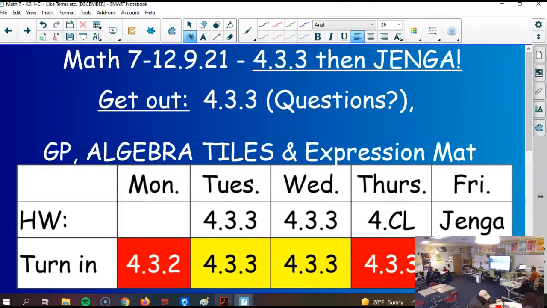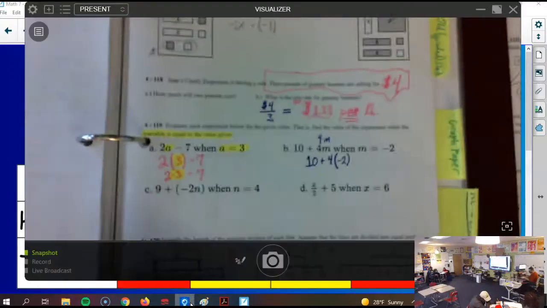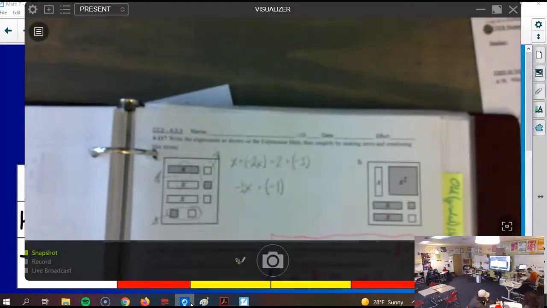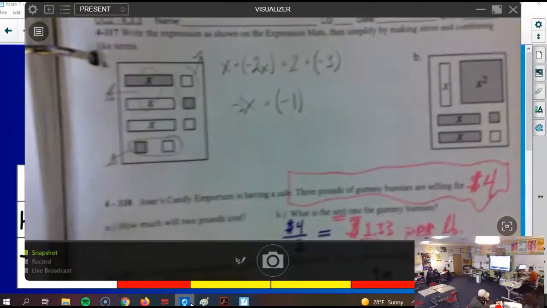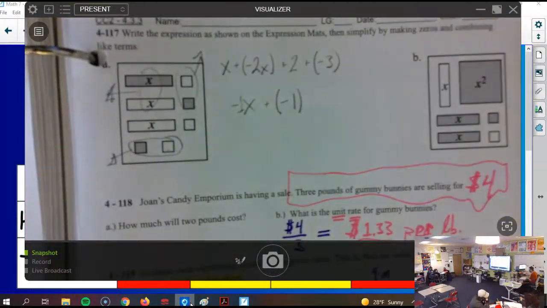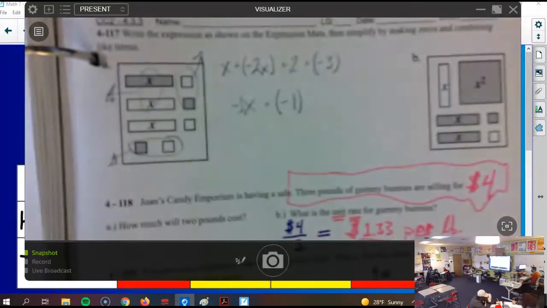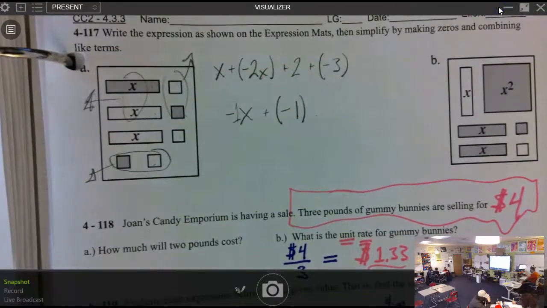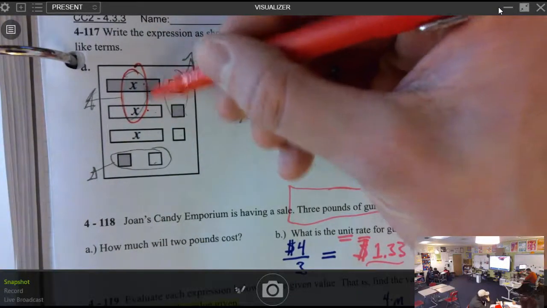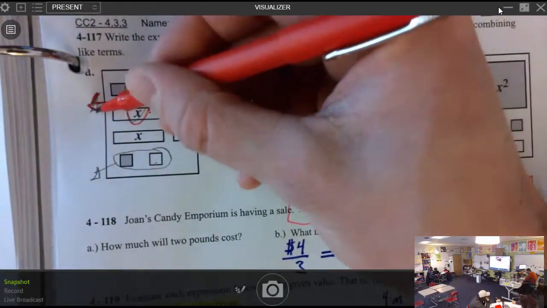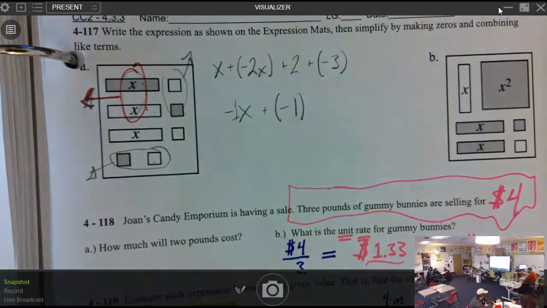117. Guys, in your homework, if you grabbed it early, ooh, thank you so much. I was waiting for somebody to ask about that one, Eve. Guys, I bet 5 of you are thankful that Eve just asked that question. So this is what we were working on yesterday, and it was brand new, so it probably wasn't super easy to practice. If we circle the x and the negative x, we make what we called yesterday a zero pair.